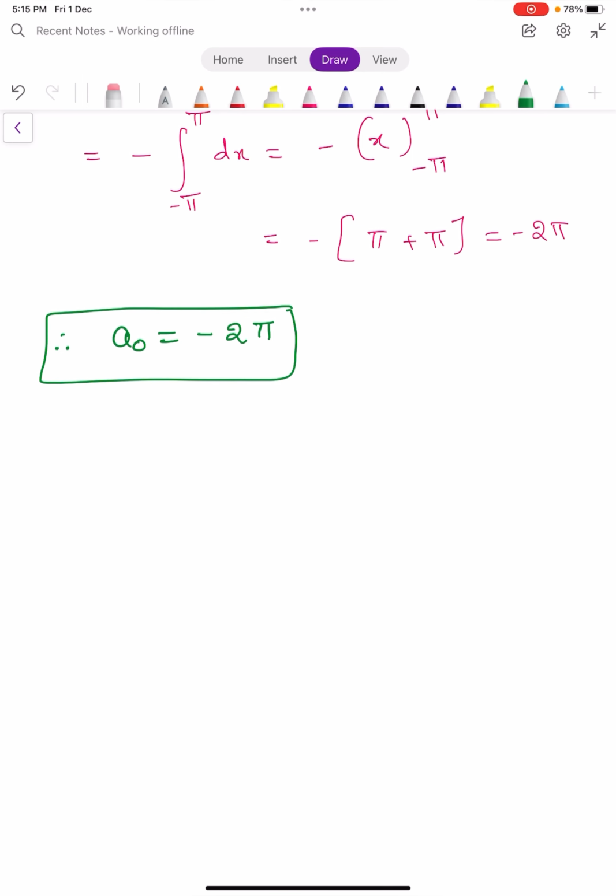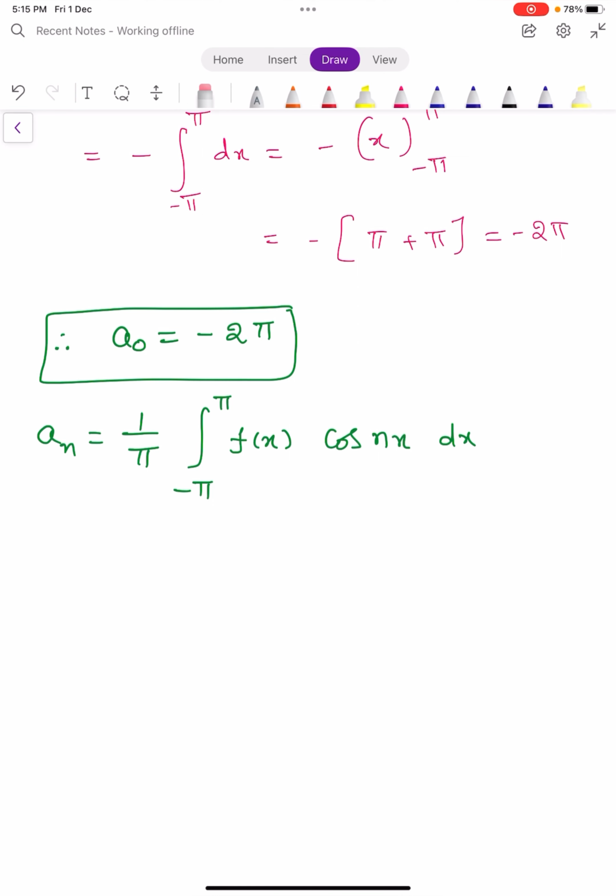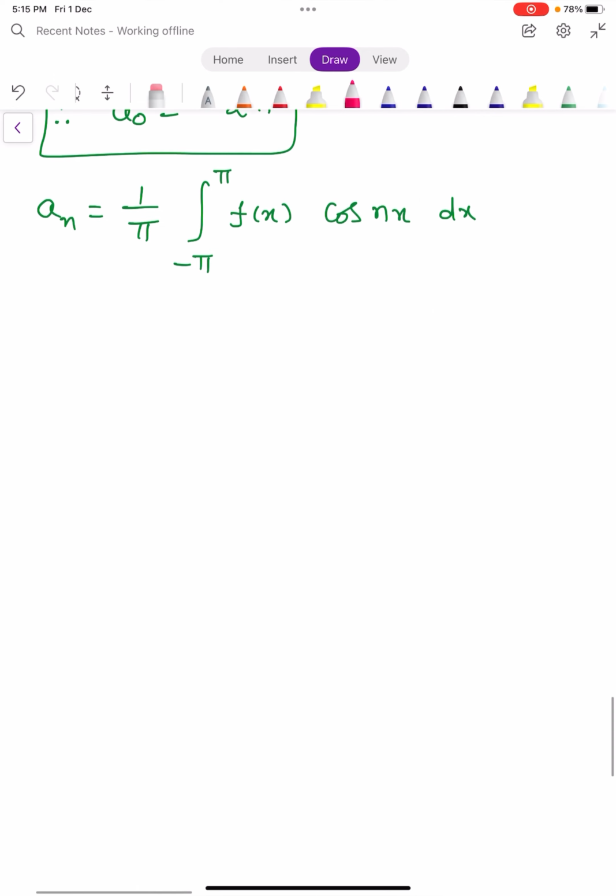Now we go for an. an is equal to 1 by pi integral from minus pi to pi of f of x cos nx dx. Now substitute all the terms. What is f of x? It is x minus pi.